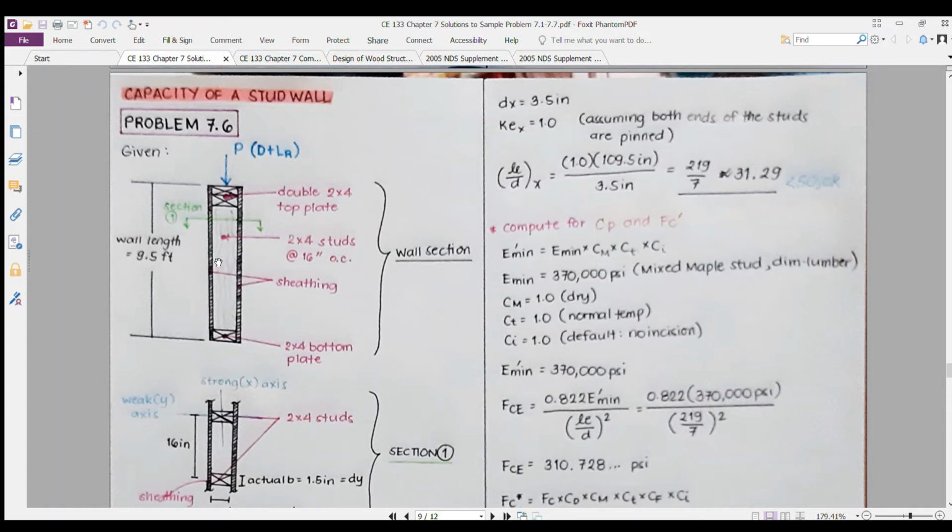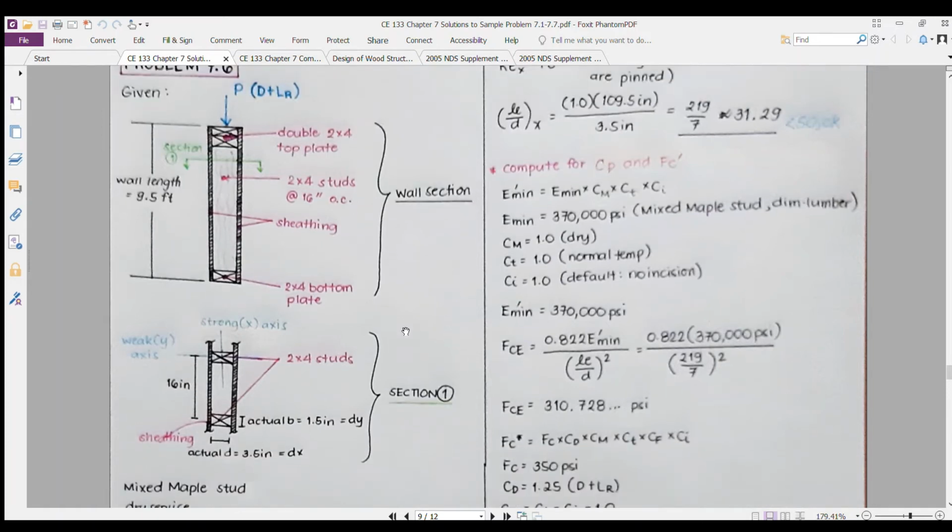So as you can see here, the details of the problem: we have a combined dead and roof live load, and we have a stud wall, wherein the stud wall has wall sheeting on both sides, and on the bottom we have a 2-inch by 4-inch bottom plate, while on the top we have double 2-inch by 4-inch top plates, and in the middle we have 2-inch by 4-inch studs, which are spaced at 16 inches on center.